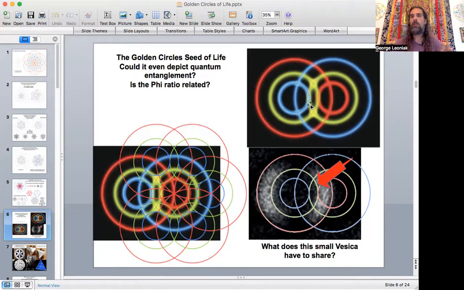This little overlapping of the small vesica in the center is going to become very important for our studies in this presentation in just a moment, as it really captivated my interest. What is this vesica within the large vesica Pisces? What does it have to share?